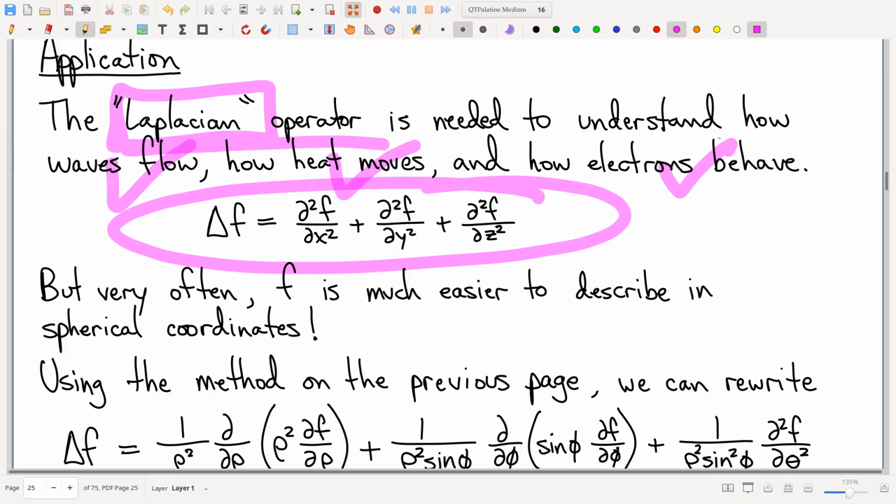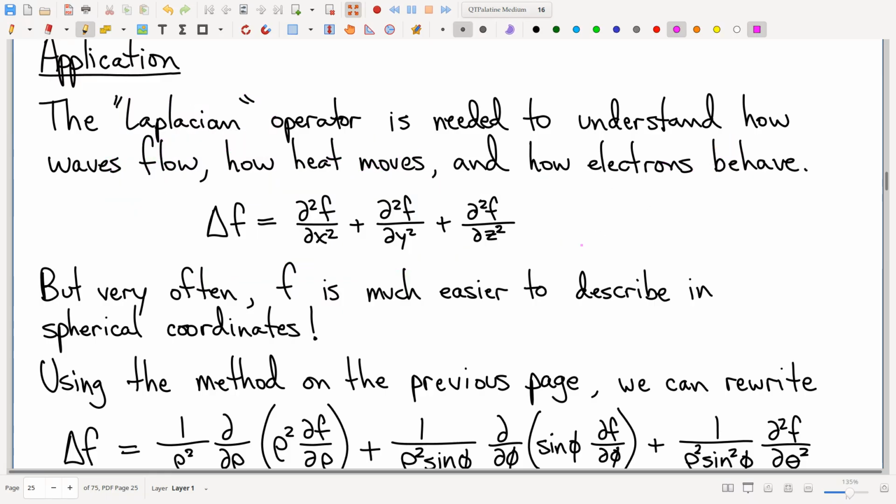So how's that for three pretty big deal applications that, again, physics and engineering professors can show you how those come up. But the Laplacian operator is how they work ultimately. Okay, so I hope you'll believe me when I say this is a very important object to understand.